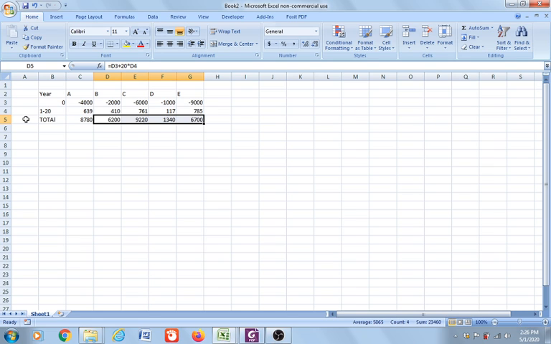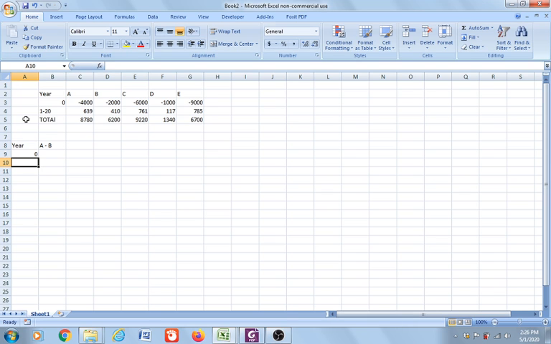So the thing that we need to do now is to compare each alternative one by one. We start from comparing A and B. So now we will do the incremental analysis for A and B. See, the total of A is bigger than the total of B. So we will calculate the cash flow of A minus B. Okay.